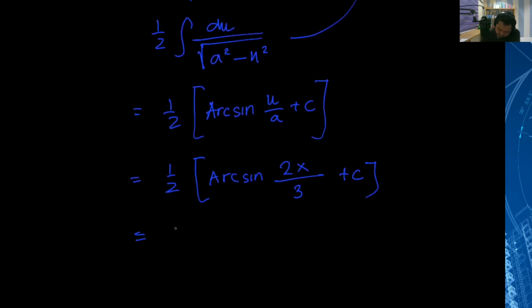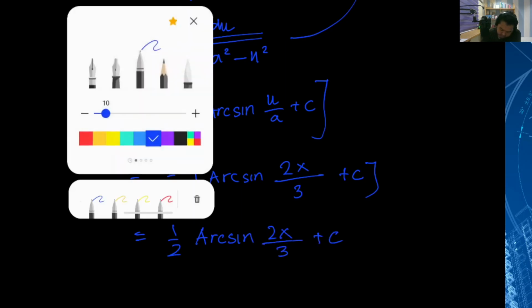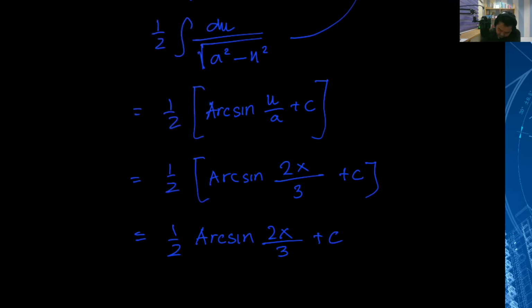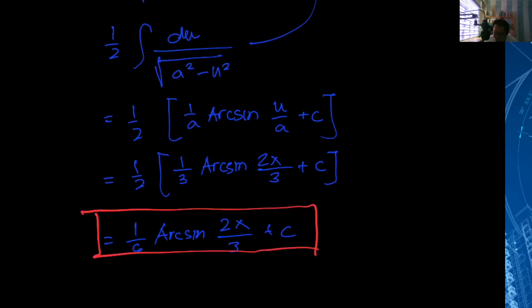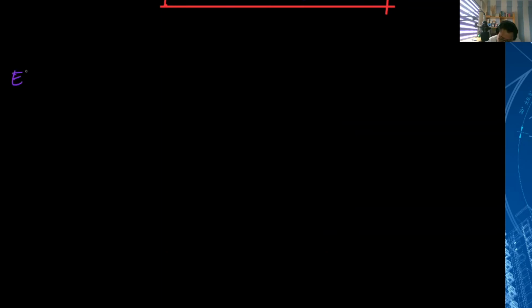So the final answer is 1/2 arc sine of 2x over 3 plus c. So this is now our final answer. So let's go now to example number 3.